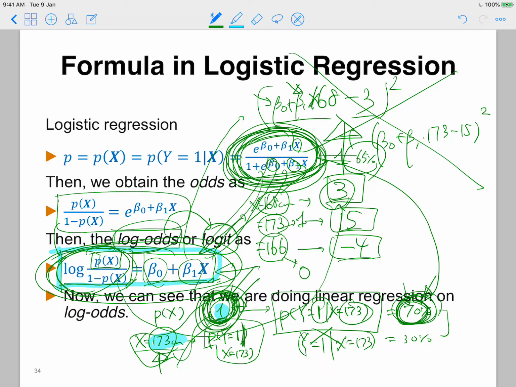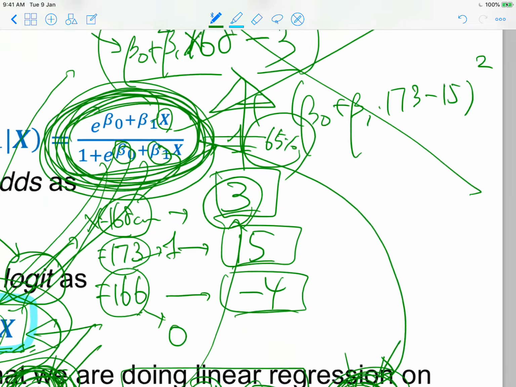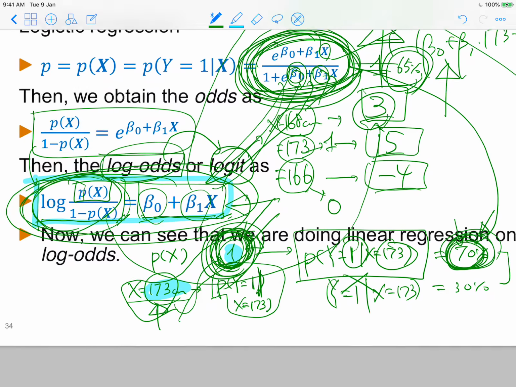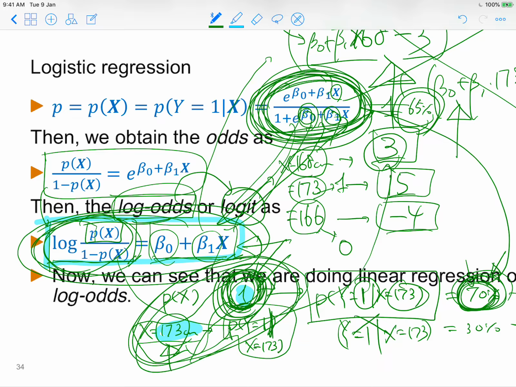In general, if this probability gets higher and higher, the corresponding beta 0 and beta 1 and its model are better explaining our data.